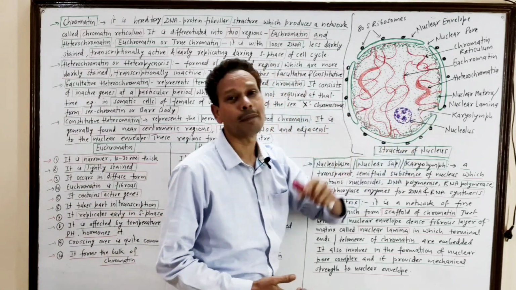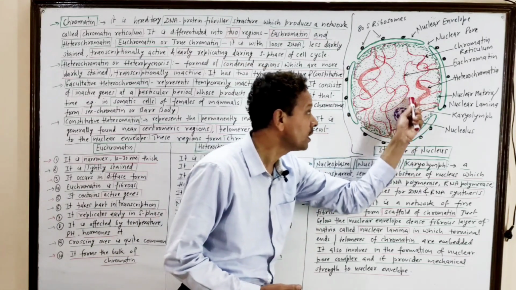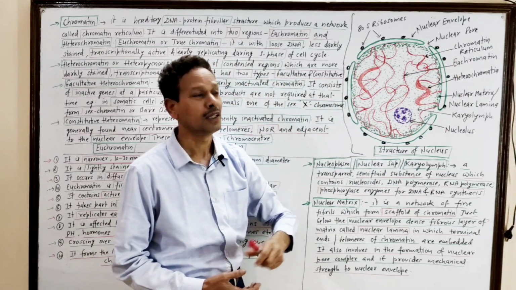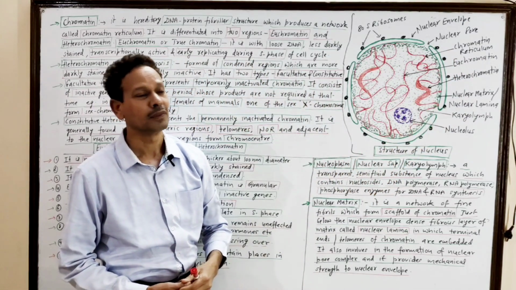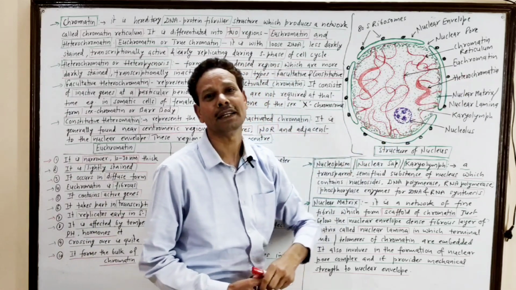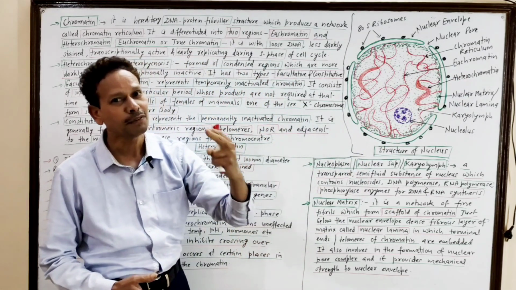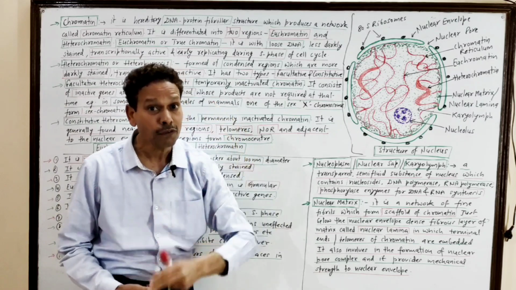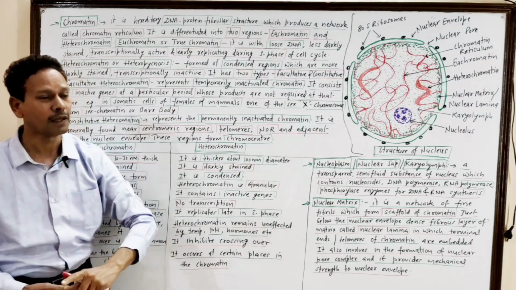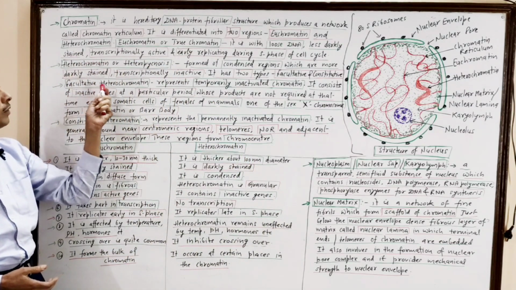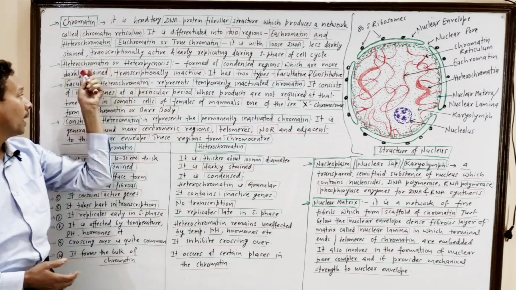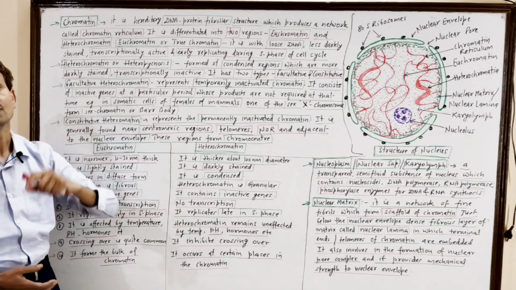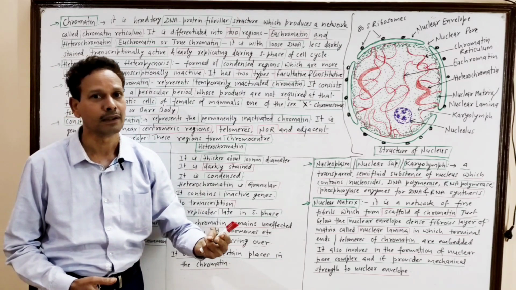And this heterochromatin, which is darkly stained, is transcriptionally inactive. This heterochromatin is further divided into two types: one is facultative heterochromatin and second is constitutive heterochromatin.